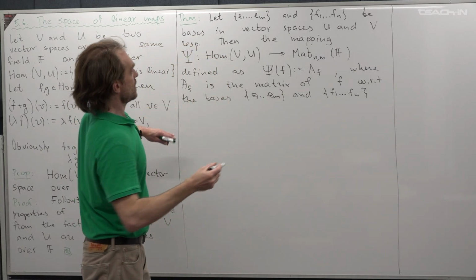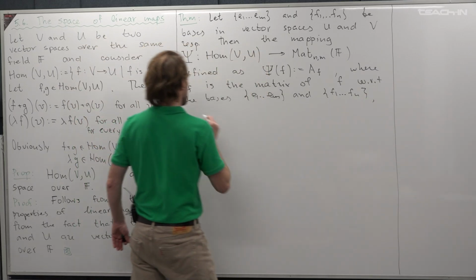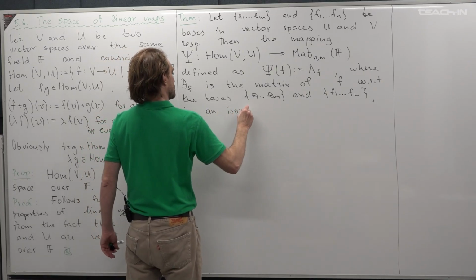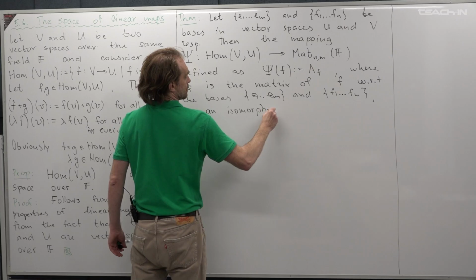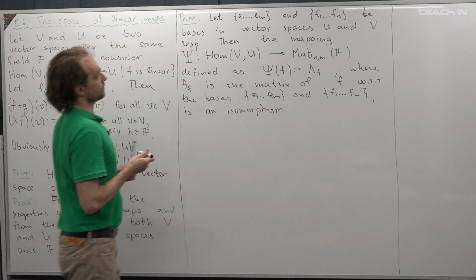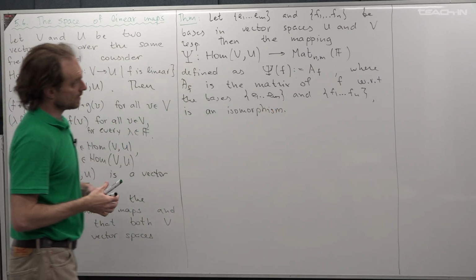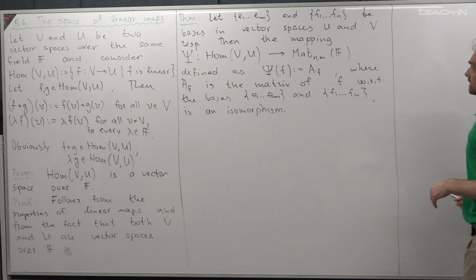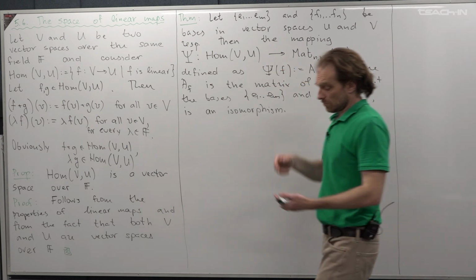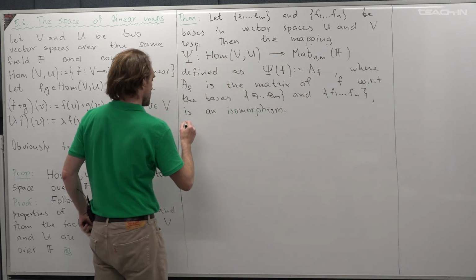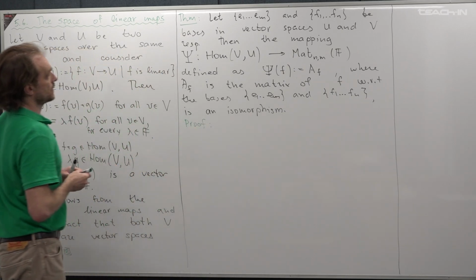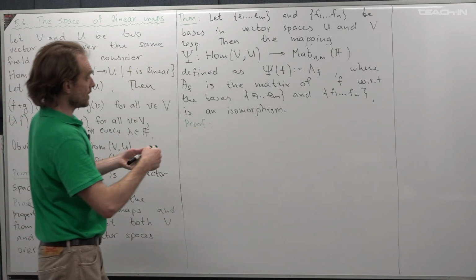So the mapping is an isomorphism. We have two different vector spaces over the same field, and we claim that this mapping is an isomorphism.